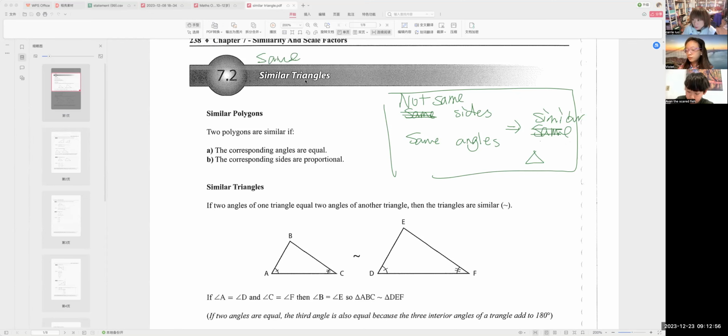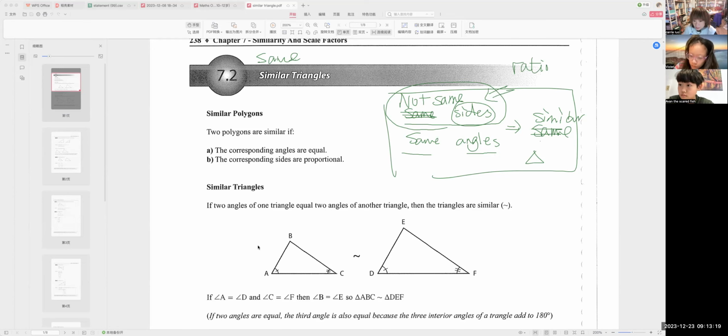So the similar triangle, Violet, has the same angles and not the same size, but the sizes have a relationship. What? Ratio relationship. Okay, so for instance, we have 2 triangles ABC and DEF.